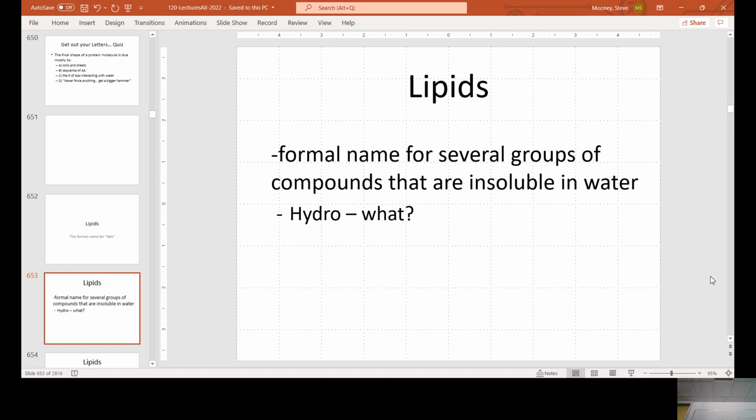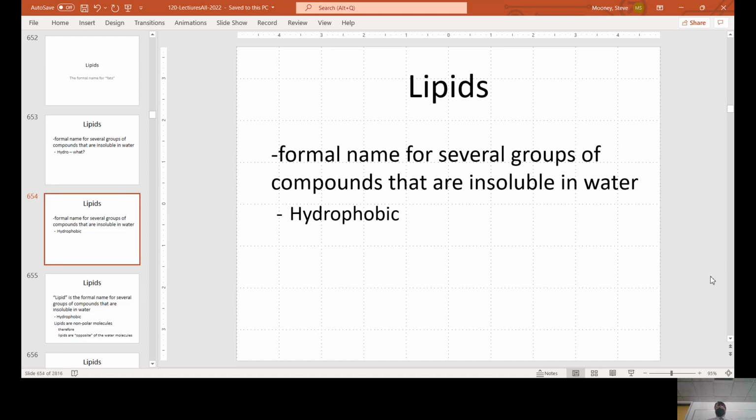Lipid is a formal name for a group of compounds that are insoluble in water, which makes them hydrophobic. So they do not like water. On some level, they're going to run from it. So that makes them hydrophobic.